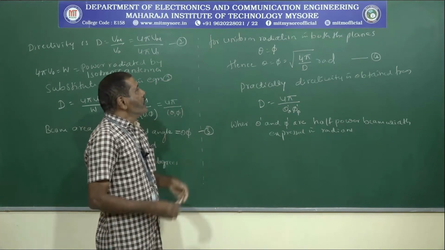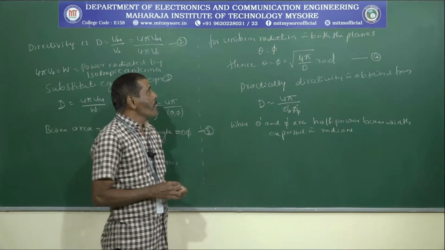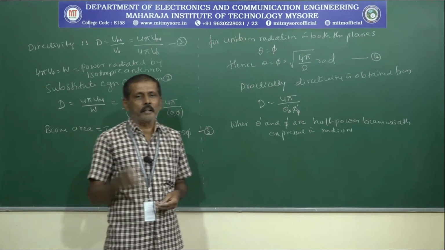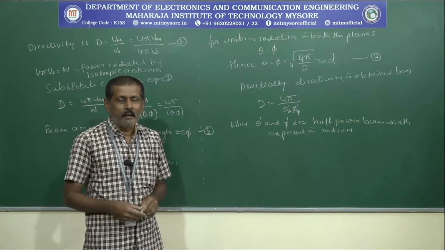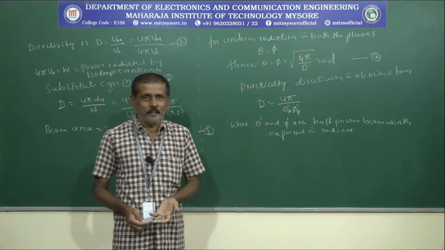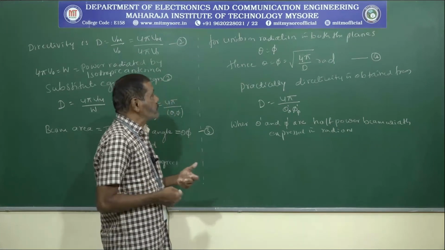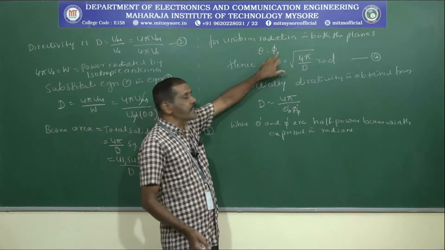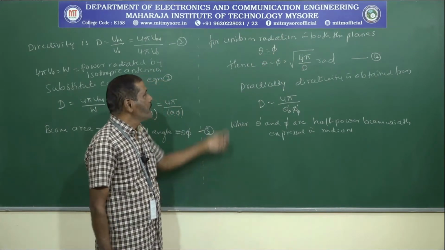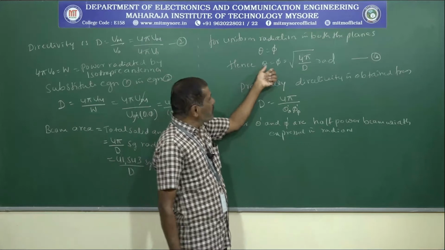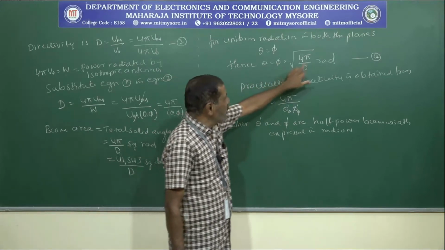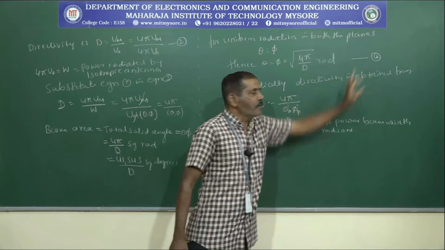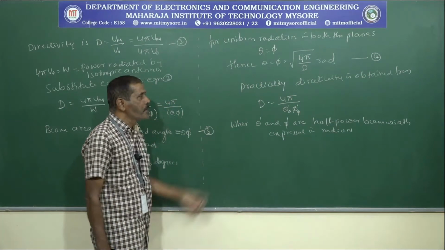Then for uniform radiation in both the planes, we have two planes, one is the theta plane and another is the phi plane, or the vertical plane and the horizontal plane. There we are expecting a uniform radiation. If that is the case, then theta equals phi, and you can write this as root of 4 pi by D radians. Call it equation number 4.